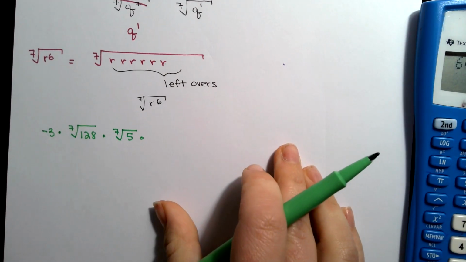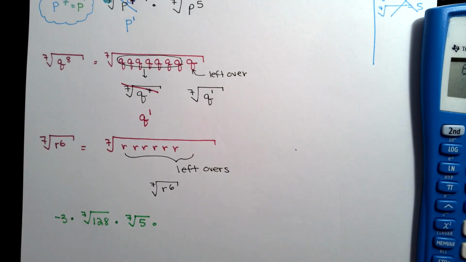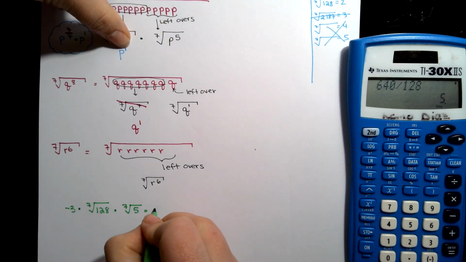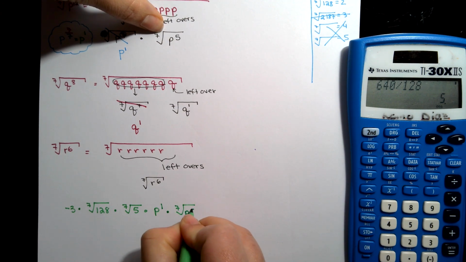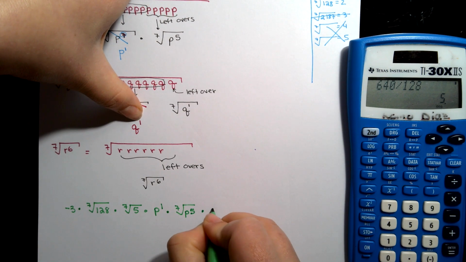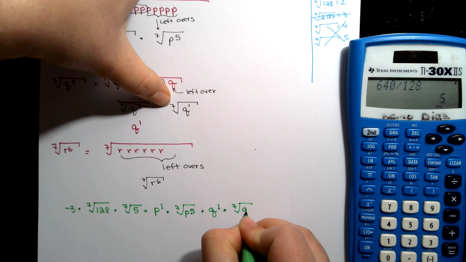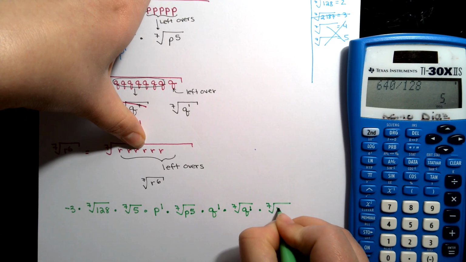So instead of writing 7th root of p to the 12th, I'm simplifying here. Let's shift this up. So now I have p to the 1st power times 7th root of p to the 5th power times q to the 1st power times 7th root of q to the 1st power times 7th root of r to the 6th power.